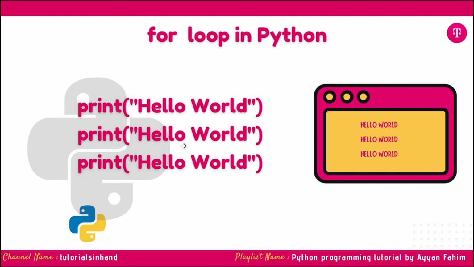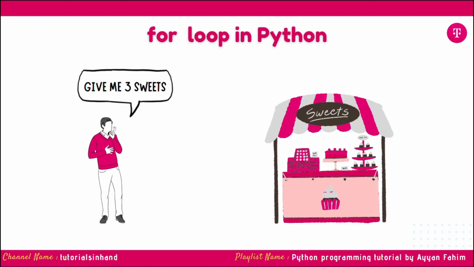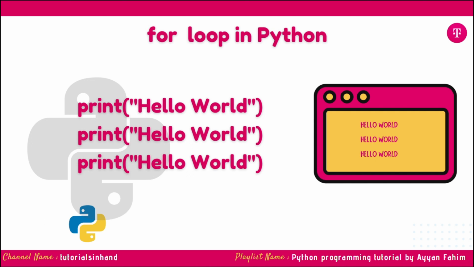It's not a good solution. So what's the better approach? The second example is the better approach, which is that we tell earlier how many times we have to repeat the task. For that we have looping in programming.